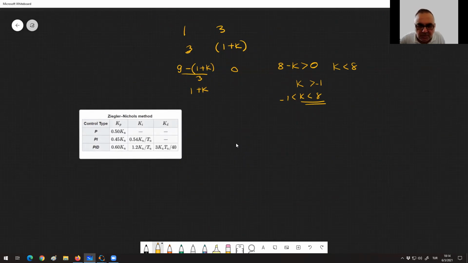So for P control, Kp is equal to half of Ku, which is 4. Okay. For PI control, Kp is 0.45 times Ku, which is 8, will give you 3.6.